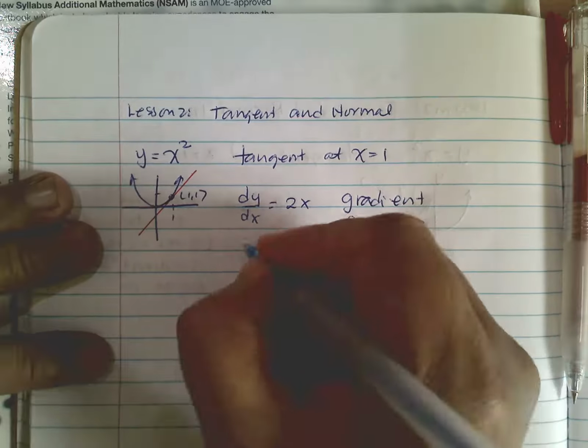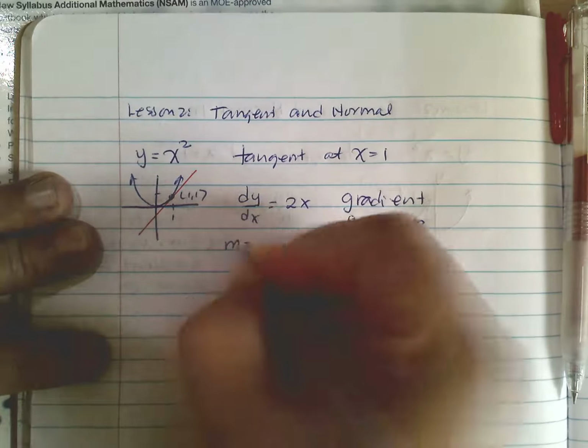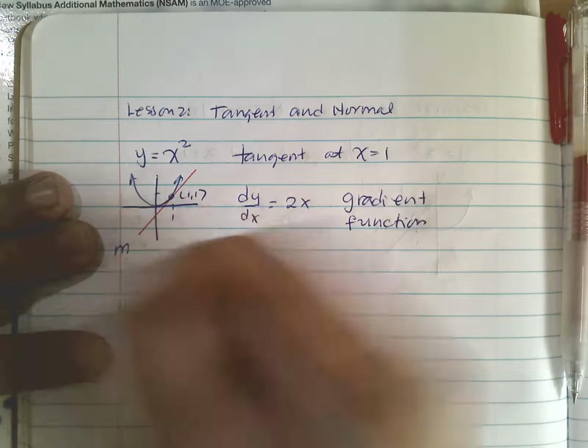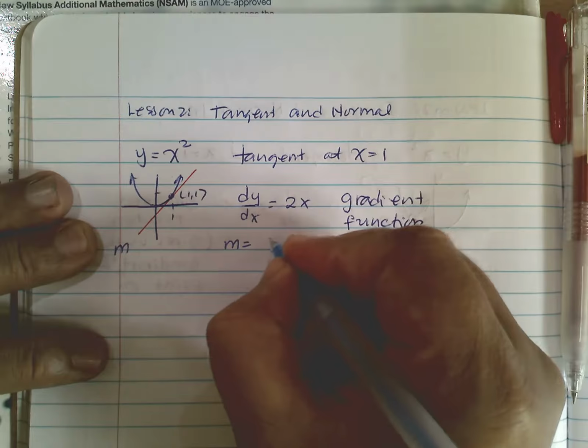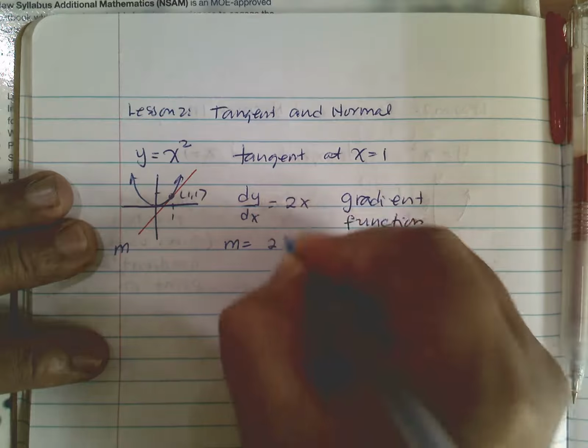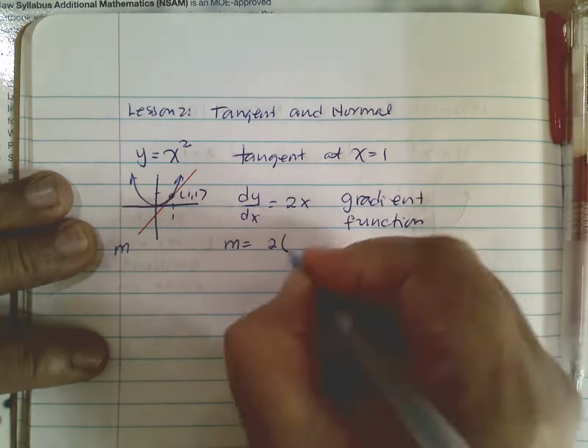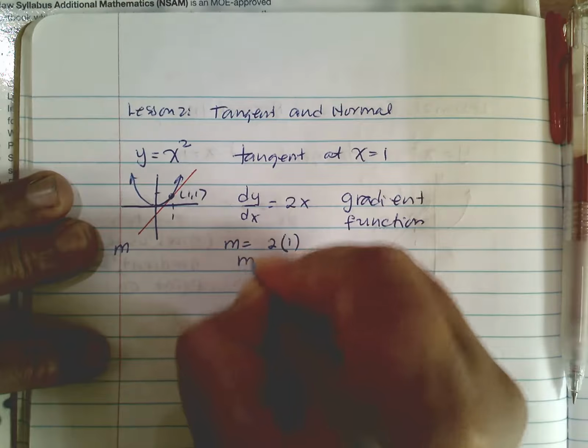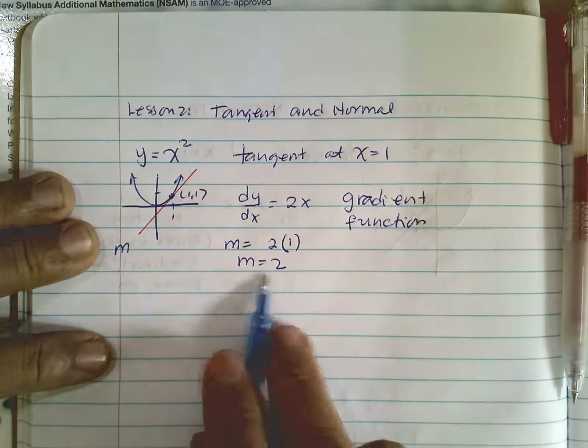So if the gradient of that is m, that gradient is equal to 2 times x, which is 2 times 1, which is equal to 2. So this is now your gradient.